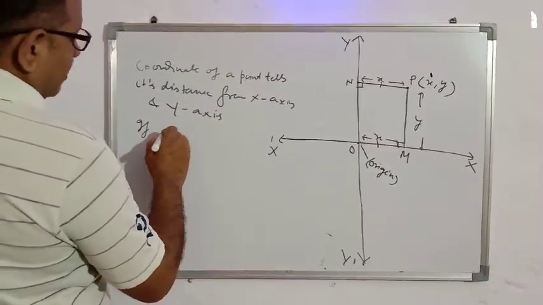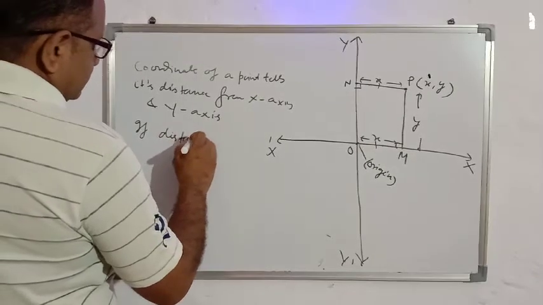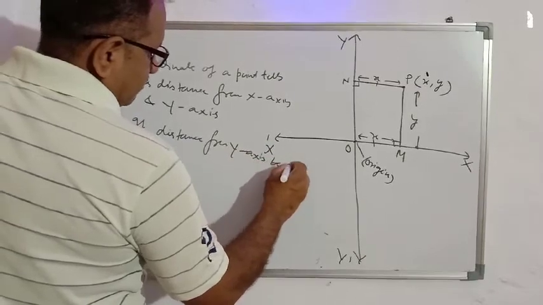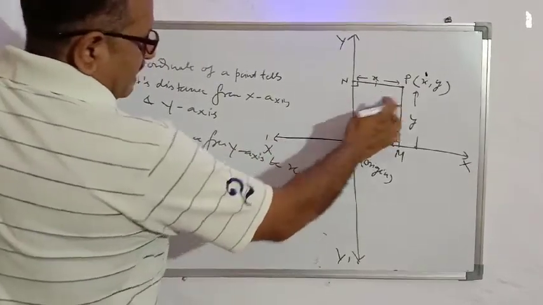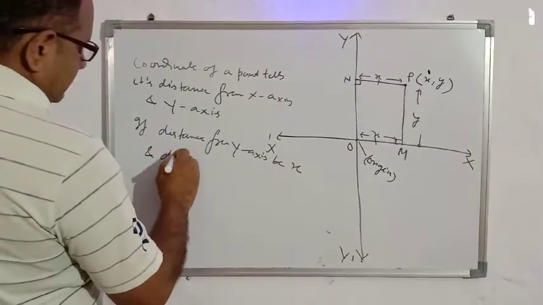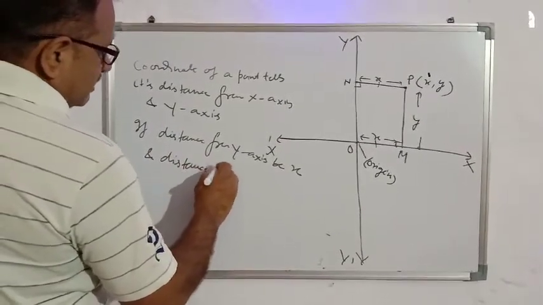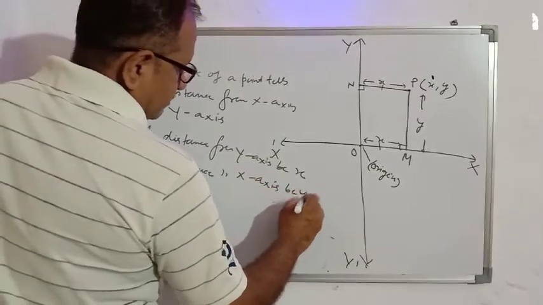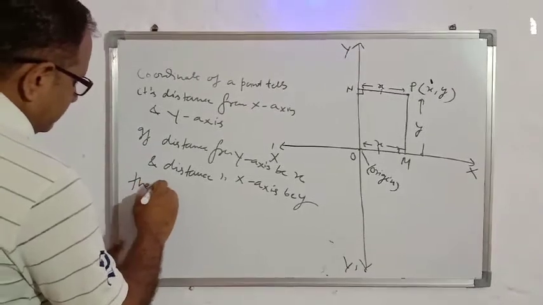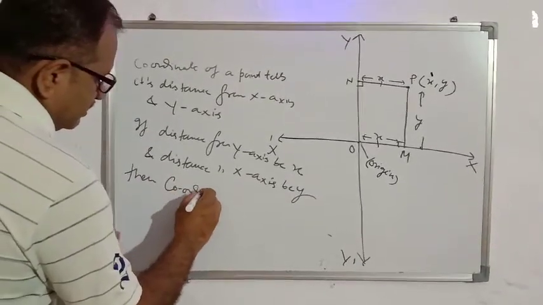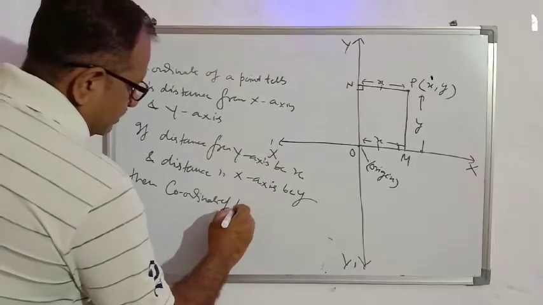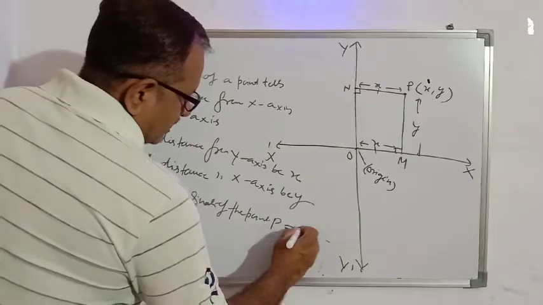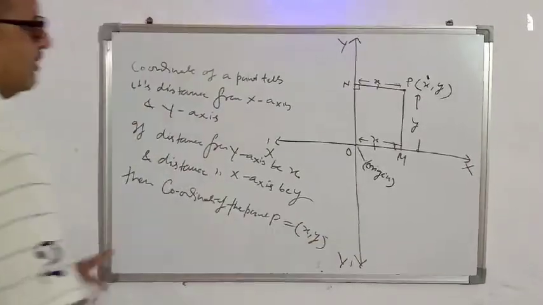If distance from y-axis be x and distance from x-axis be y, then coordinate of the point P can be written as x comma y.